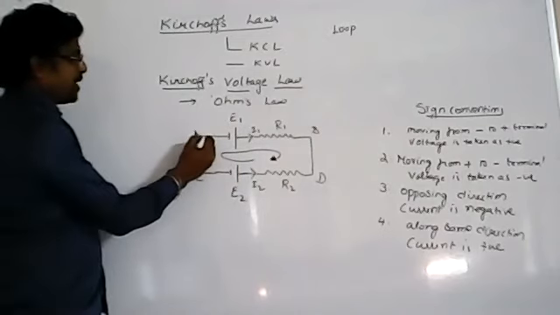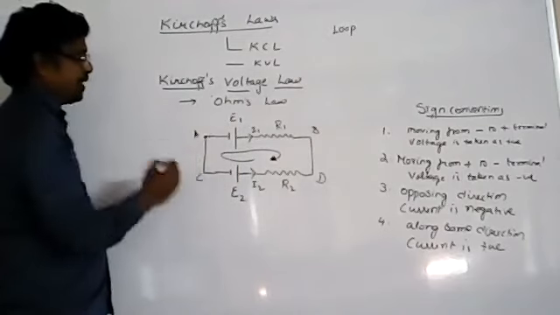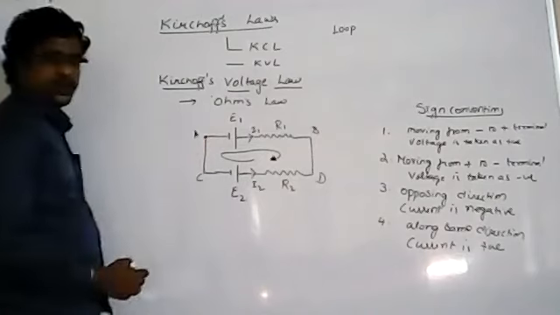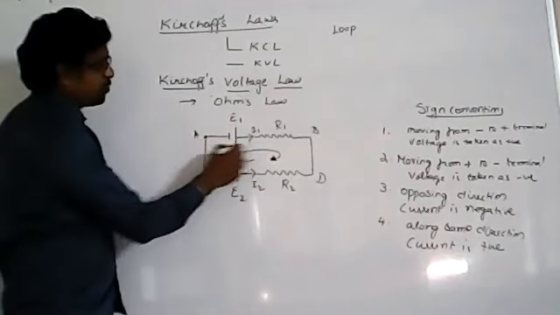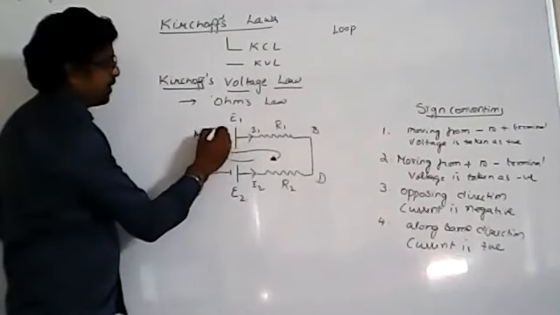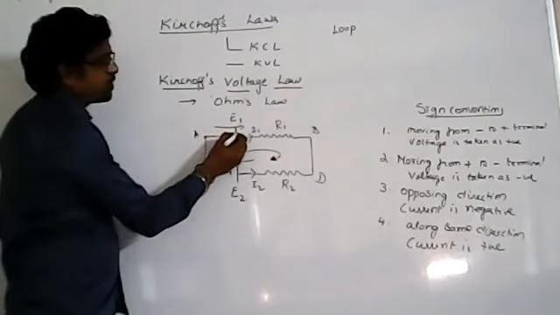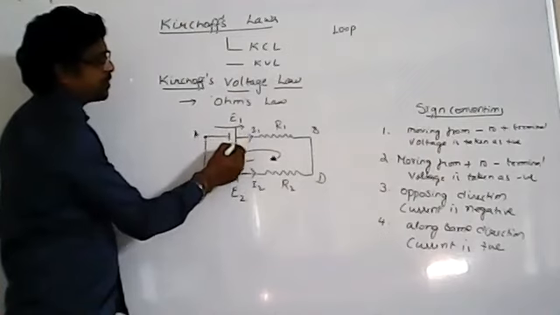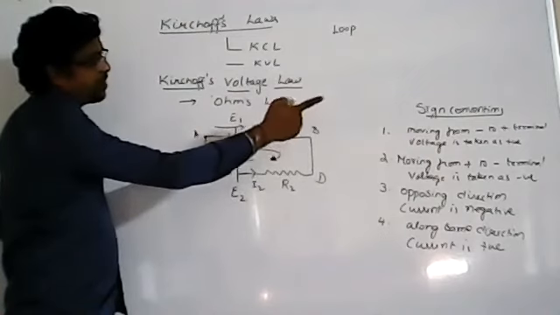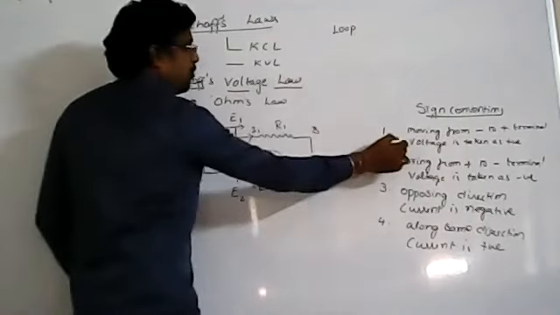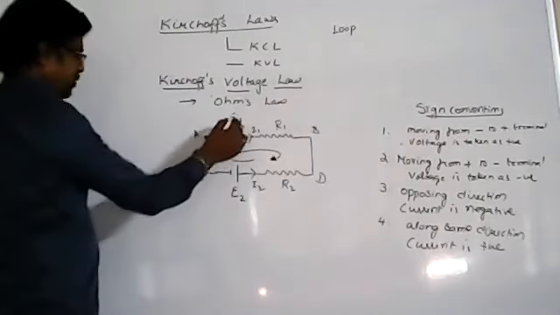Let us start our analysis from some point. I am starting from point A. Because I want to move in the clockwise direction, I am moving like this. I am moving from negative to positive terminal. Which terminal am I leaving? The positive terminal. If I am moving from negative to positive terminal, voltage is taken as positive. What is the voltage?